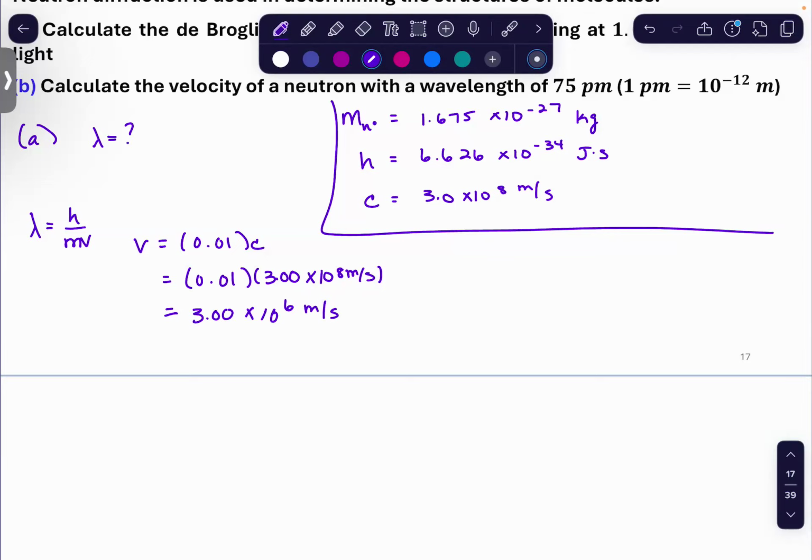So now we'll say that lambda is, so mass is the mass of your neutron, in kilograms. Velocity is your 3.00 times 10 to the 6th meters per second.